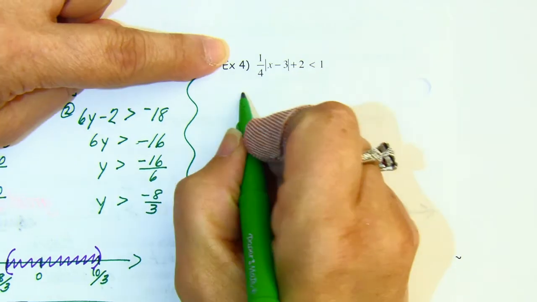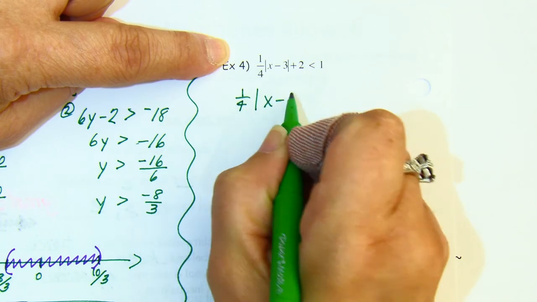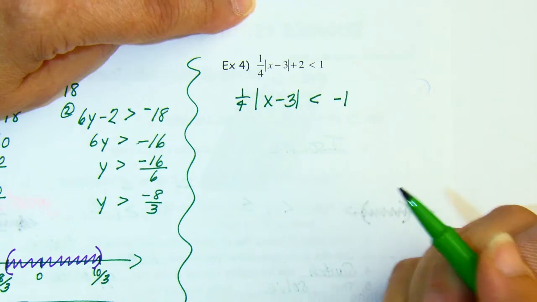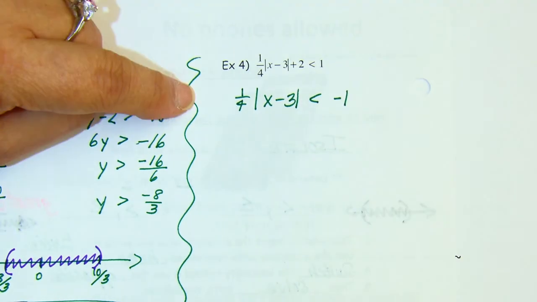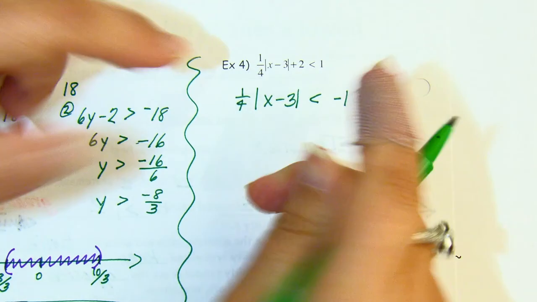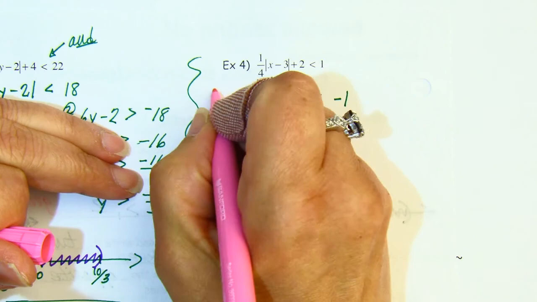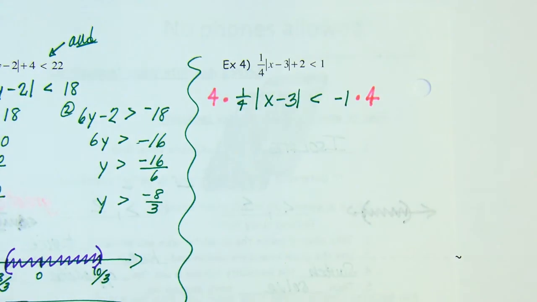So this becomes 1/4 times the absolute value of x minus 3. I'm going to subtract 2 from both sides, so that gives me a negative 1. Now I'm going to multiply both sides by a positive 4. When I multiply by a positive 4, this is not going to cause me to flip the inequality symbol, because I am multiplying by a positive, not a negative.